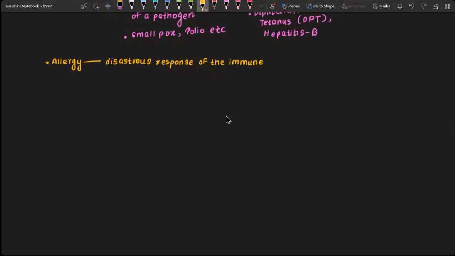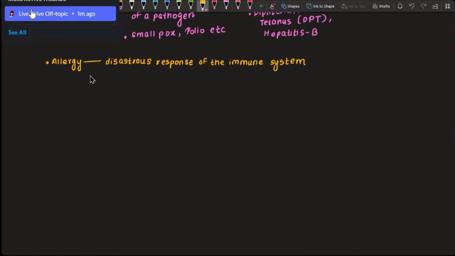So sometimes when the body comes in contact with any kind of substance, it may produce a very hypersensitive response towards it. And that is what we say when we are allergic to a particular substance.